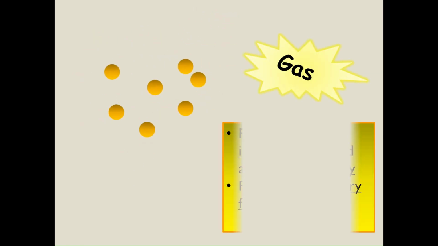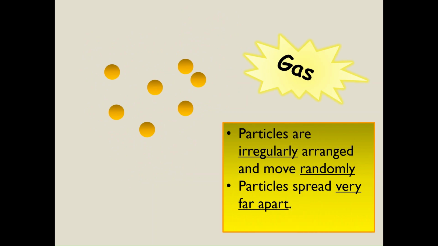For a gas, as you can see, there is highly free movement everywhere and very large distances between particles. Particles are irregularly arranged and move randomly, spread very far apart.